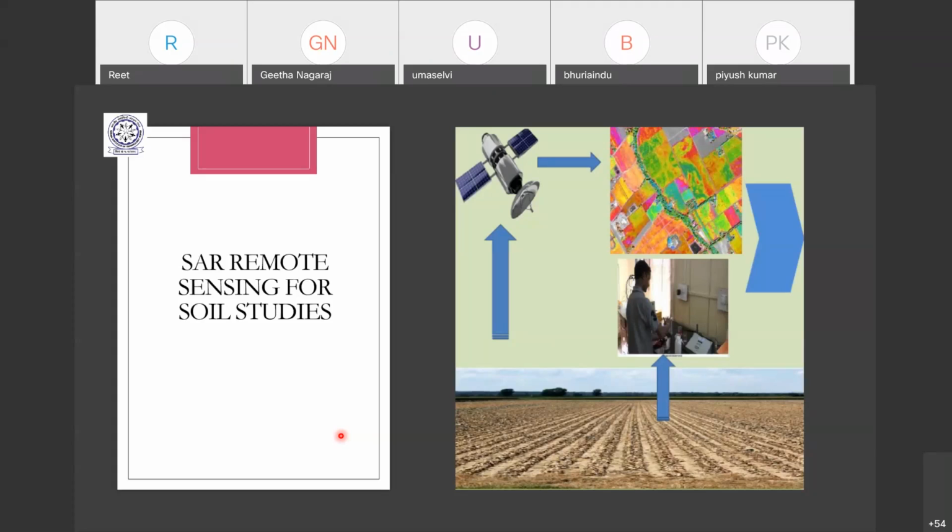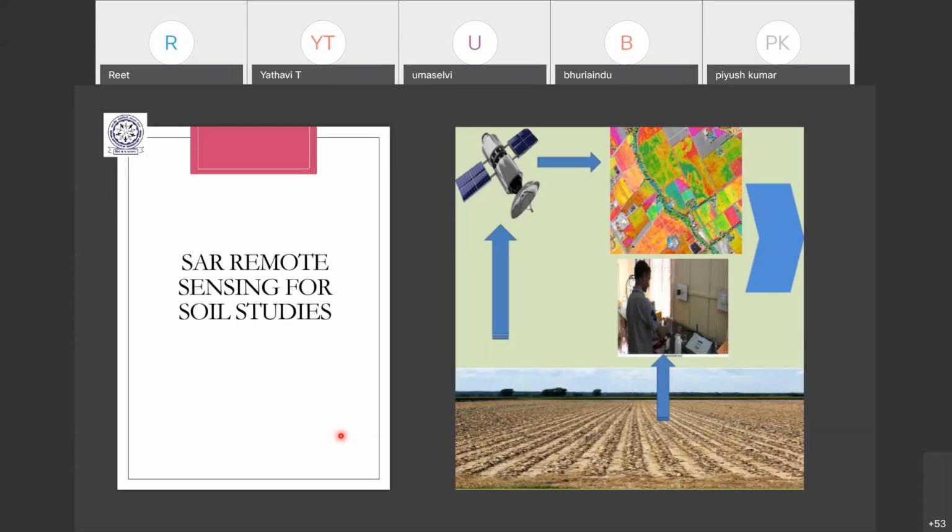So we have to find alternative to study these parameters, at least those parameters which has a direct relationship with the satellite data, the backscattering in case of microwave and reflectance in case of optical data.